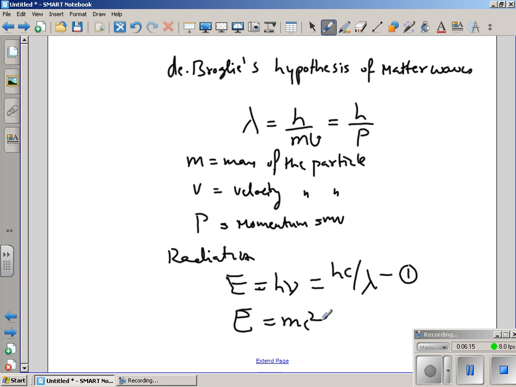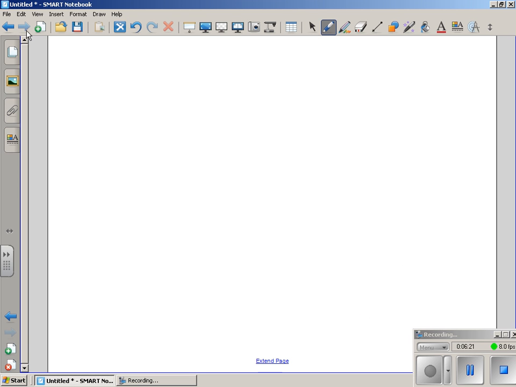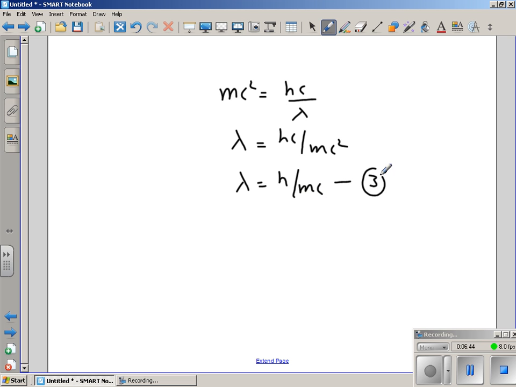Using both equations, mc squared equals hc by lambda, or lambda equals hc by mc squared, or lambda equals h by mc, where mc is the momentum. So in the case of radiation, you get the wavelength of the wave by the equation h by p.